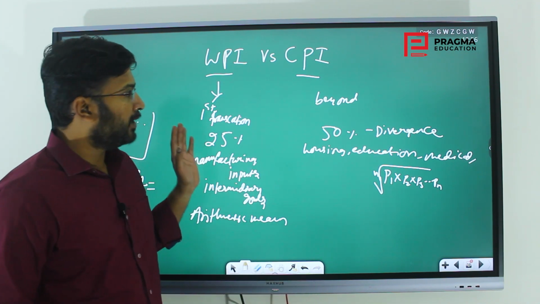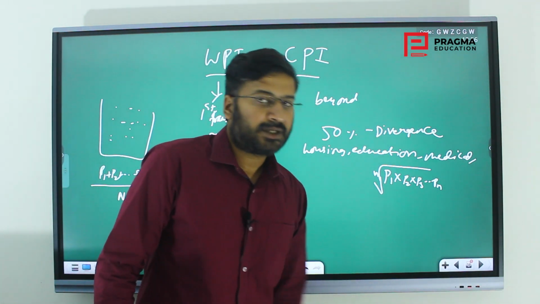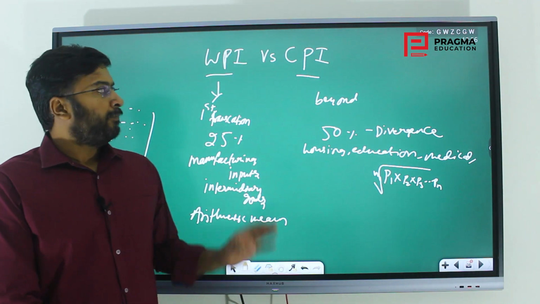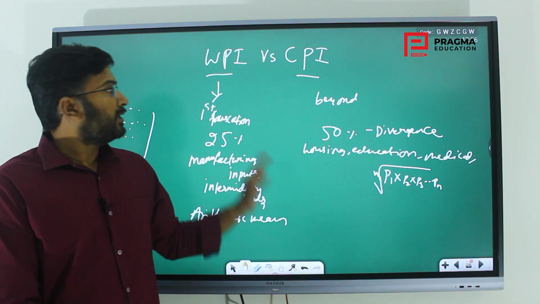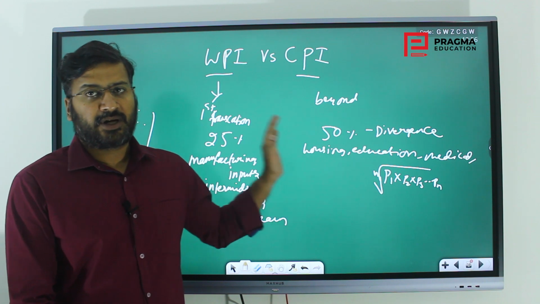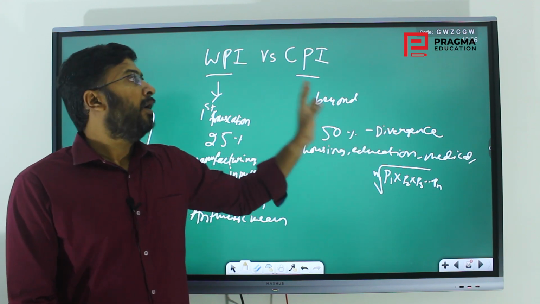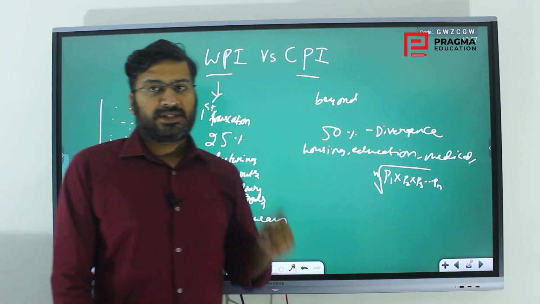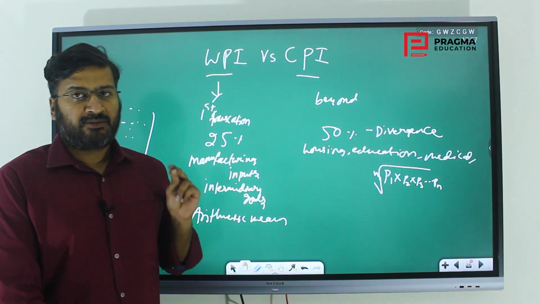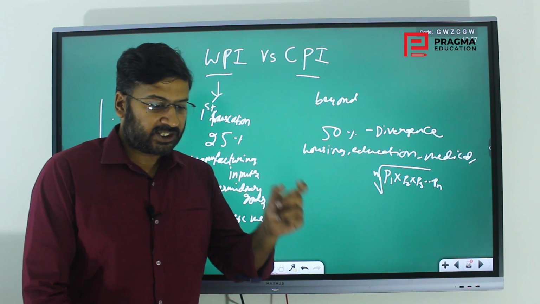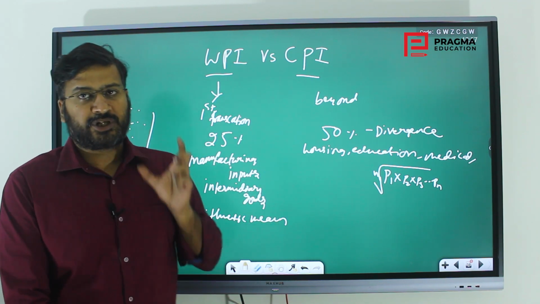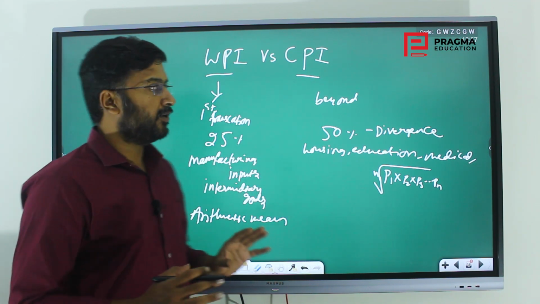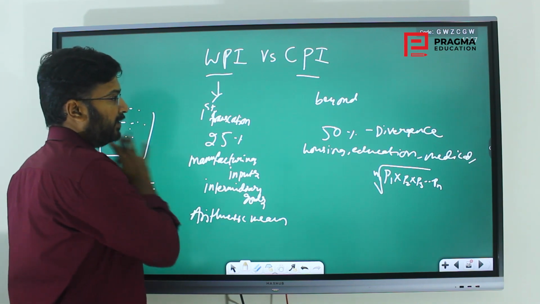But the common things are the calculation method, basket, items, then the spillover effect, that is, this will increase, then after a time lag this will also increase. Both CPI and WPI are released with a time lag of 6 weeks. There will be a 6-week lag behind the actual price rise and the capturing of it. What happens in the economy is a very dynamic thing. It will keep moving.